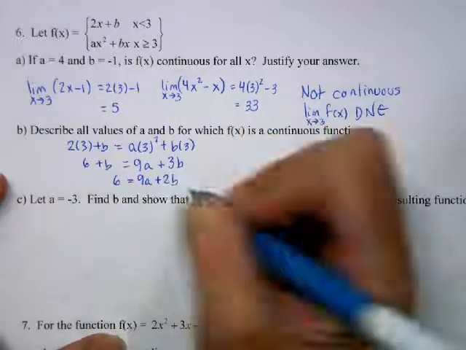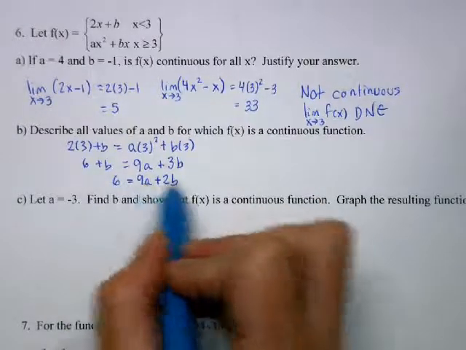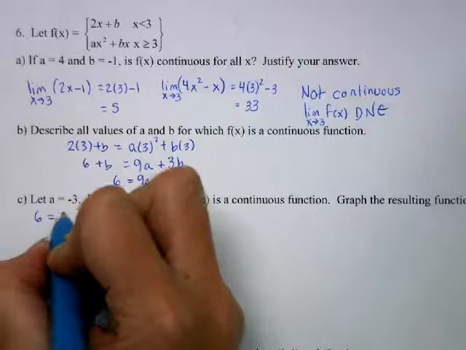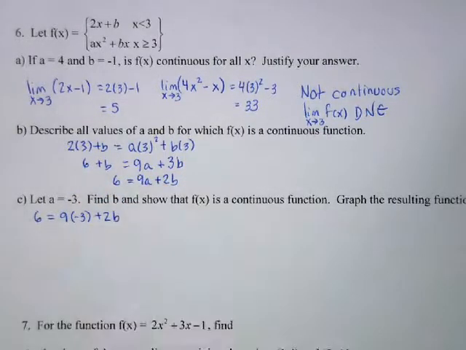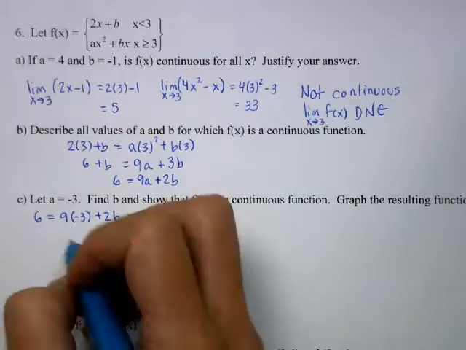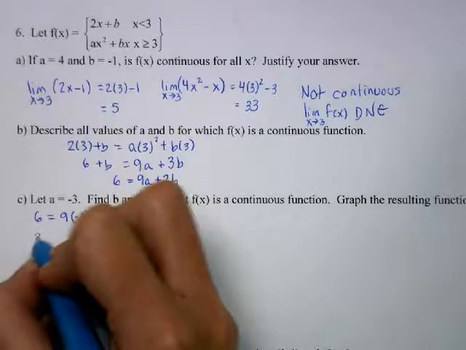Okay, for C, let A equal -3, find the B, and show that it's a continuous function, and then we're going to graph. So if A is -3, I'll plug that into this equation and use that to solve for B. So this is going to be 27 plus 6 is 33. So B is going to be 16.5, or you can do 33 halves if you want.